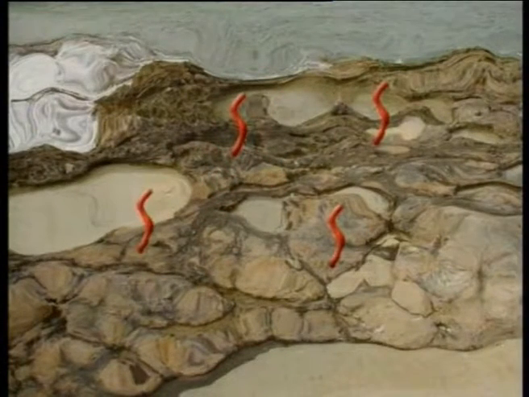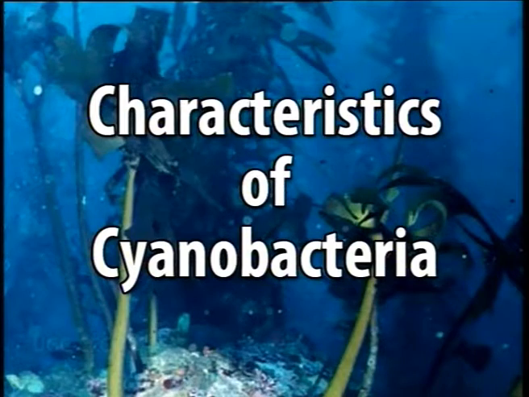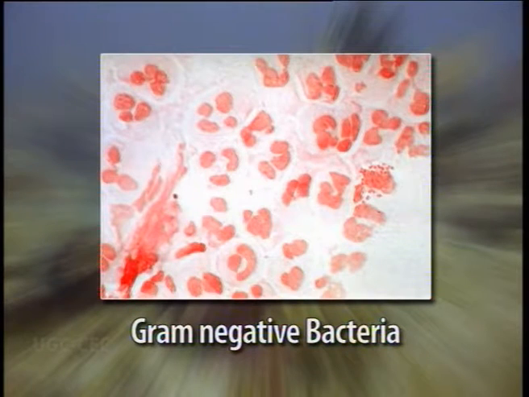These cyanobacteria are characterized by certain diagnostic features. The important characteristics include, number one, that they are usually microscopic organisms, photosynthetic, normally unicellular and gram-negative bacteria.